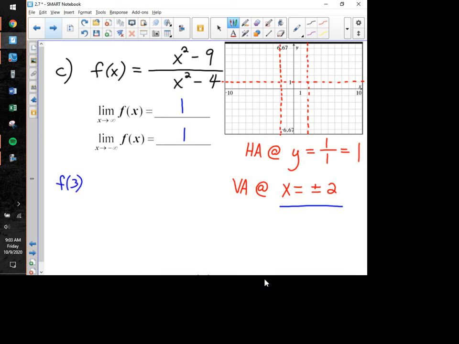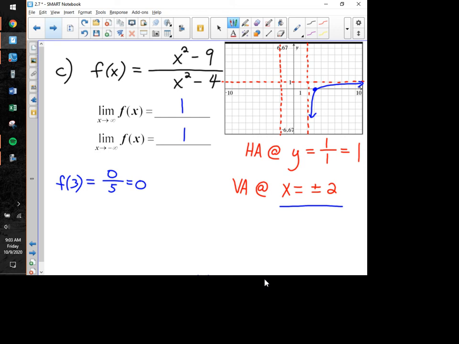Evaluating f of 3 is going to get us, oh that's convenient, a 0 on top and a 5 on the bottom, which is 0. So we get the ordered pair 3, 0 right here. Now I think I know what rational functions do and how they behave, and I think I understand what asymptotes are for, so I believe I know that this graph is going to look something like this on that spot there.